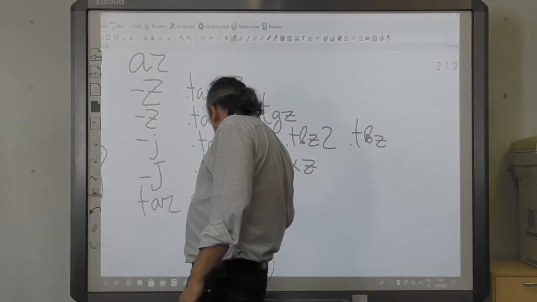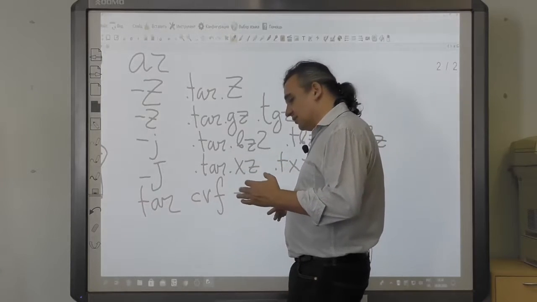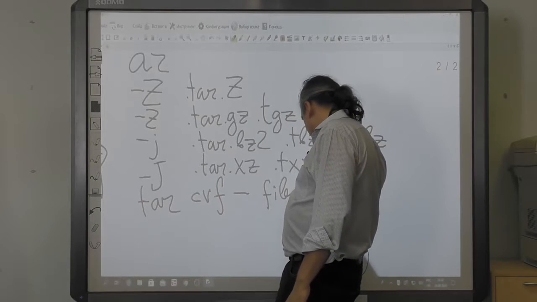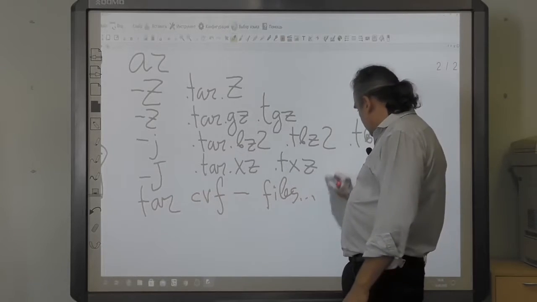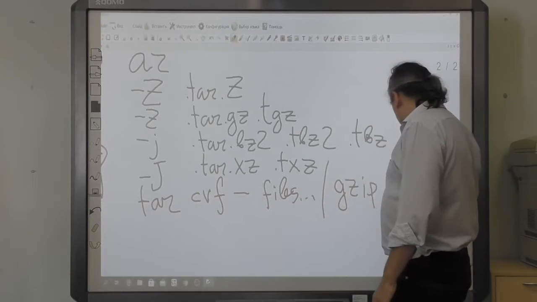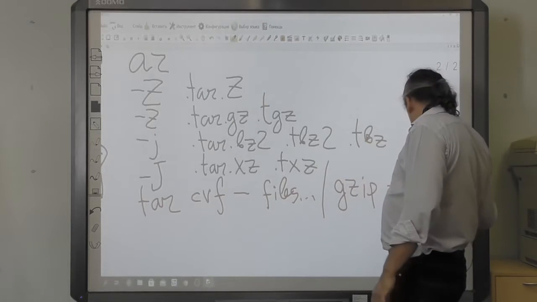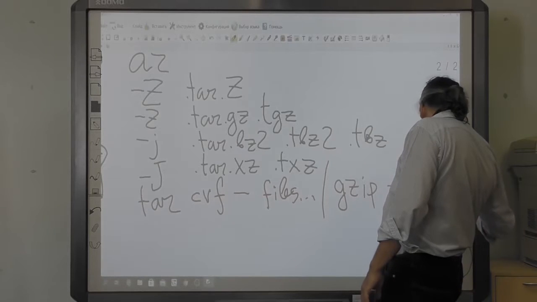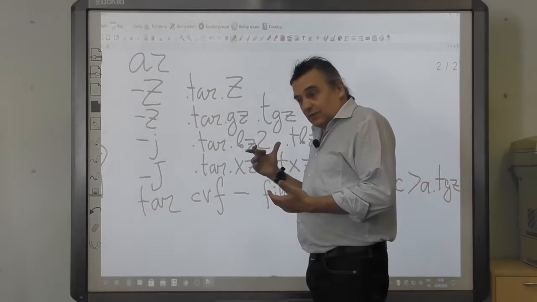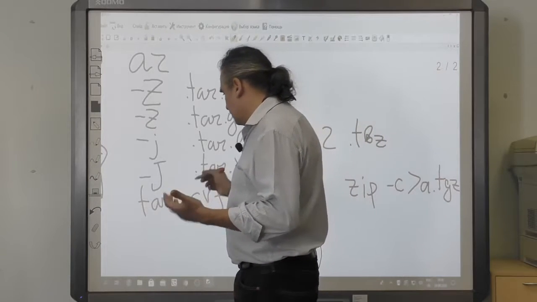Tar, create archive to standard output, some files, pipe to gzip -c to some archive. For looking in our compressed archive, we may use such command.